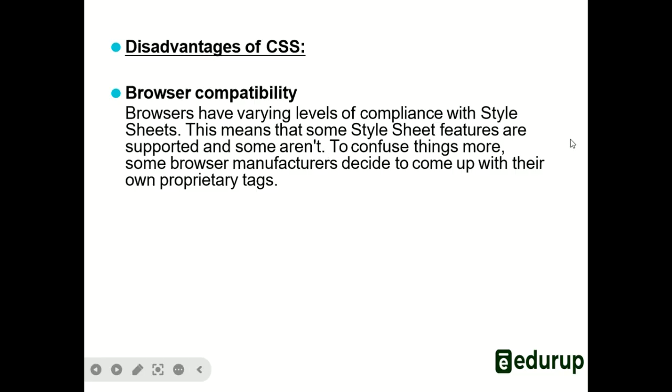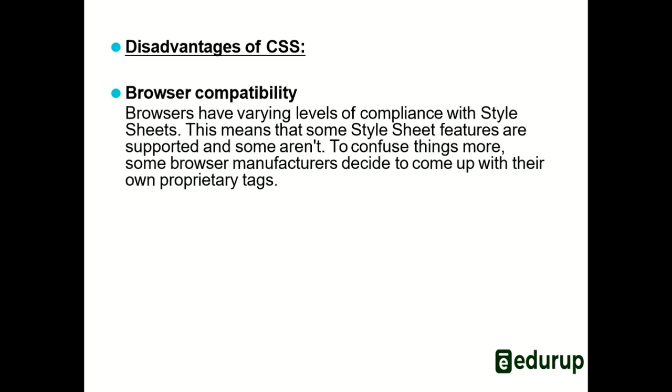To confuse things more, some browser manufacturers decide to come up with their own proprietary tags. Like several browsers we are using, but all browsers do not have compatibility. Some tags work in particular browsers, and some style sheets are applied only for particular browsers. That is the disadvantage of CSS.